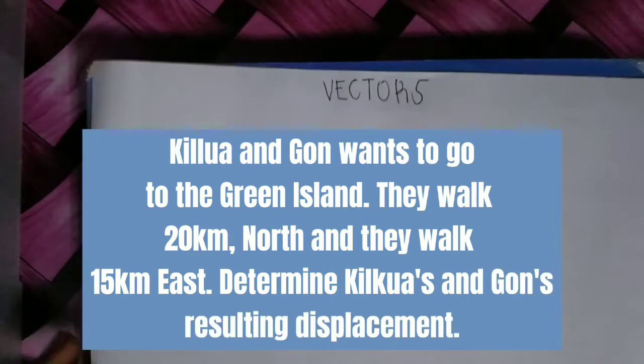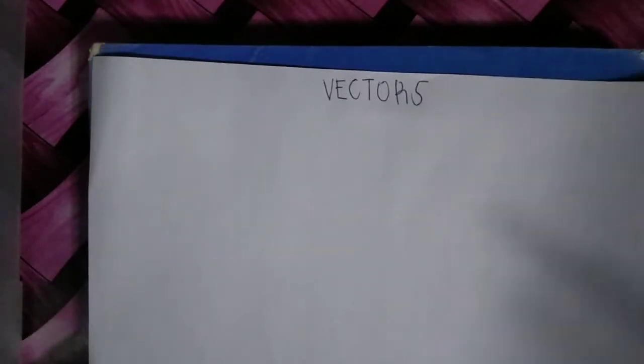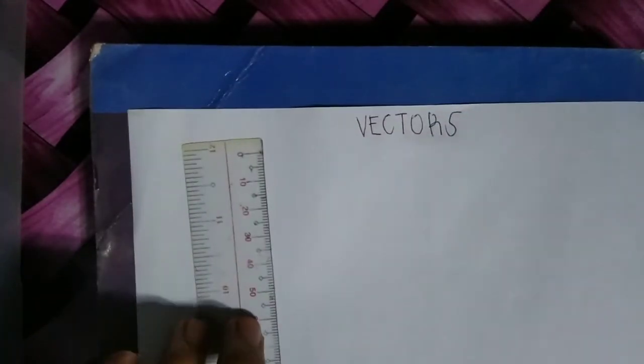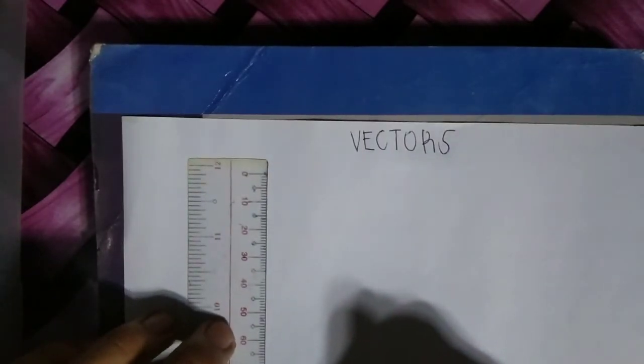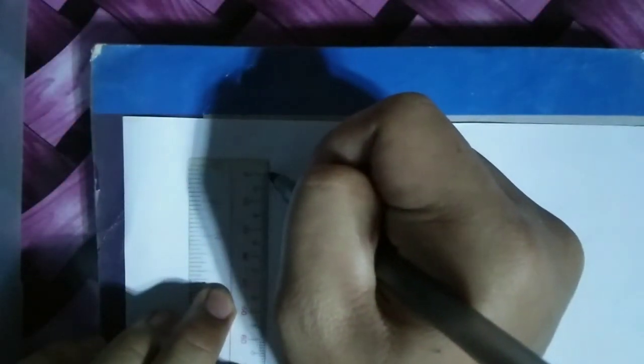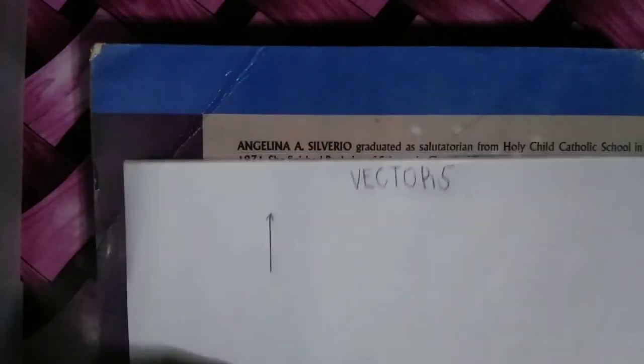So first, let us identify the given. By the way, we need a ruler to measure the length of the given. So we have 20 kilometers north, and let's label it 20 kilometers north.